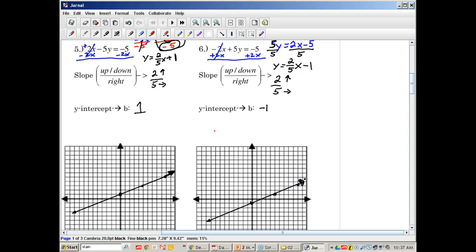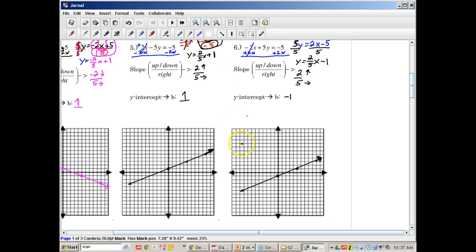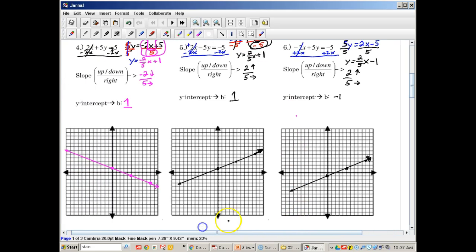Remember to draw your line across the entire graph, arrows at either side. Alright, so there is page 1, front side. Using a straight edge only for those straight lines. Nothing hand-drawn.